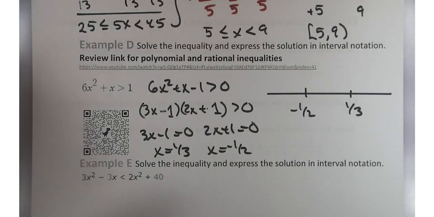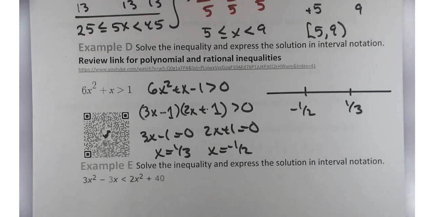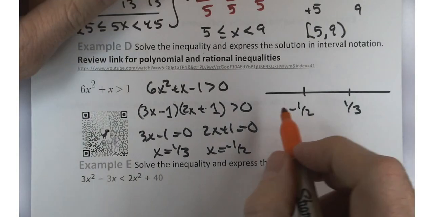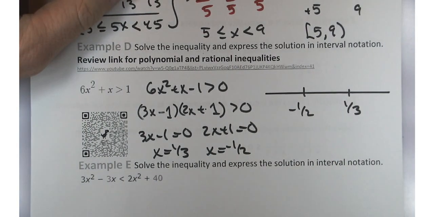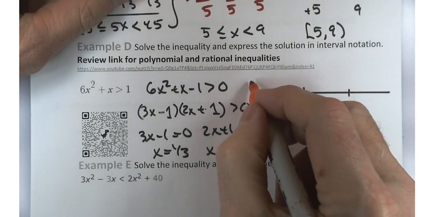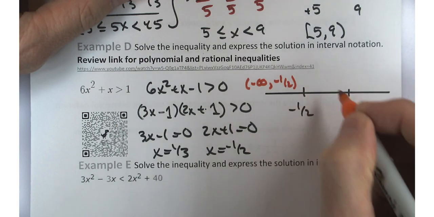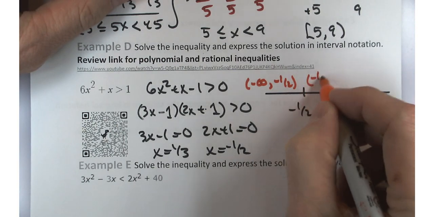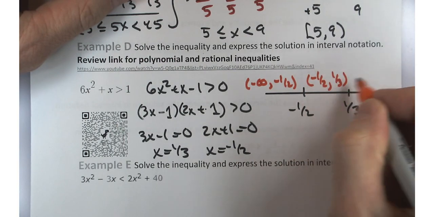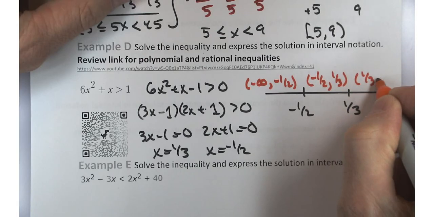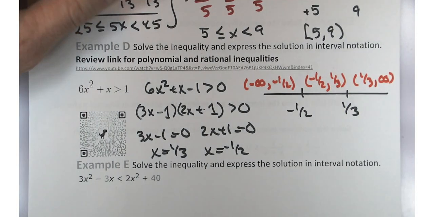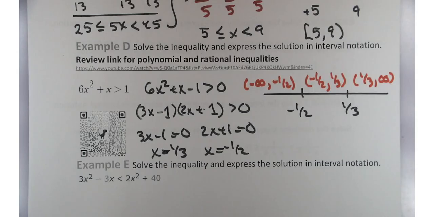Your answer is going to be intervals again, but this time we've got several intervals to choose from. This interval, for instance, would be -∞ to -1/2. The middle interval would be -1/2 to 1/3. And the last one would be 1/3 to infinity. Your answer is going to be one or two of these intervals. We don't know which one.